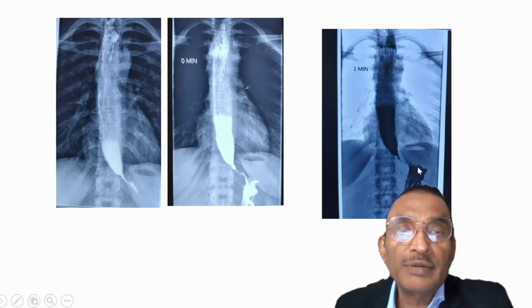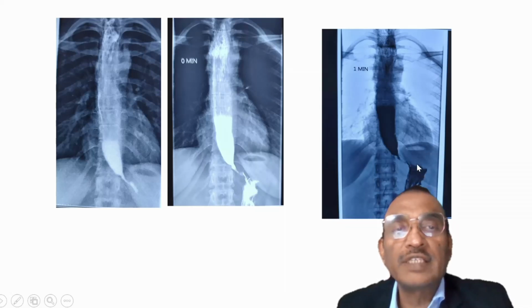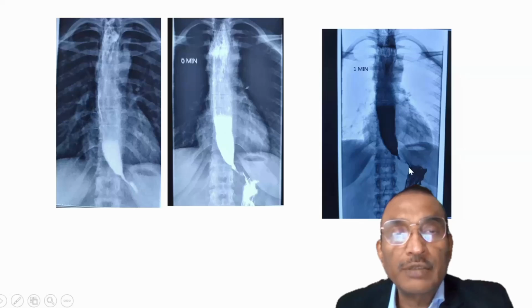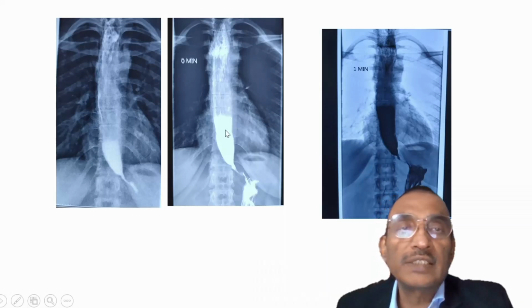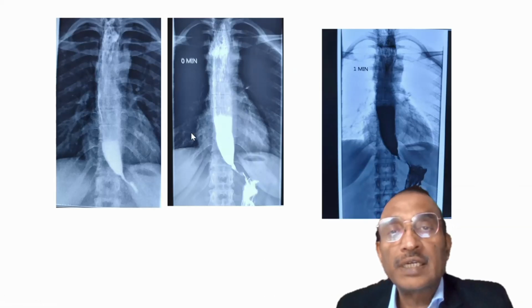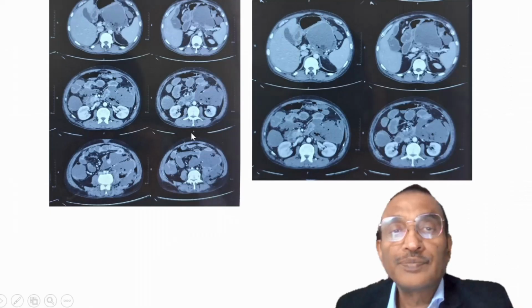The stomach, when filled, will show polypoidal filling defects because of the malignant lesion, and dilatation is more in case of achalasia. More than 5 centimeters is highly suggestive of primary achalasia cardia rather than secondary achalasia.